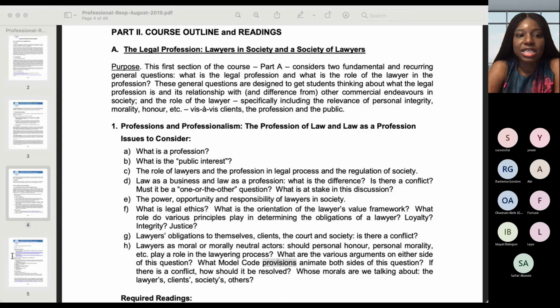This basically says it's a strongly rule-based view of ethics, that there's a universal rule for what morality is and what morality requires. It believes that you as a human being, you as a lawyer, have a capacity to reason, and this capacity is what helps you with your decision making.